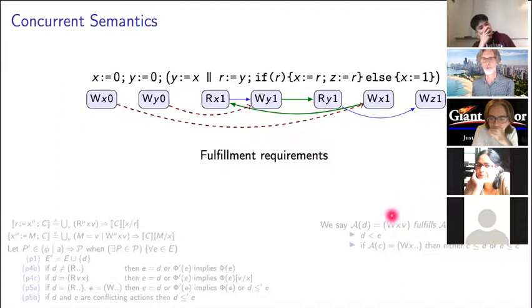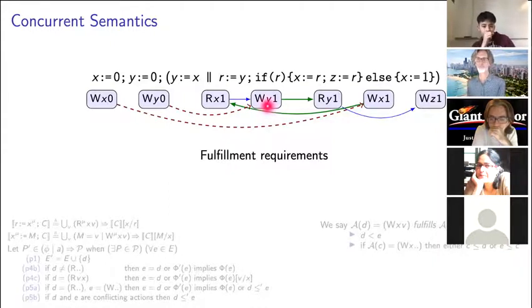So the fulfillment requirements say that every read must have a prior write that gives me the correct value. Okay, so in this case, that's going to tell me I need to have the read x of 1 preceded by write x1, and the read y1 preceded by write y1.